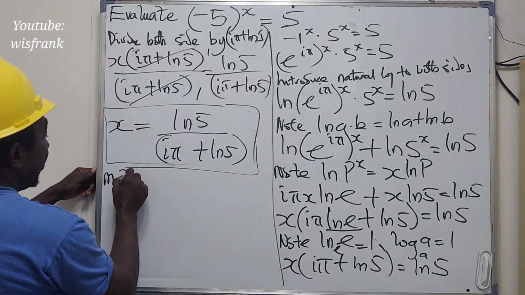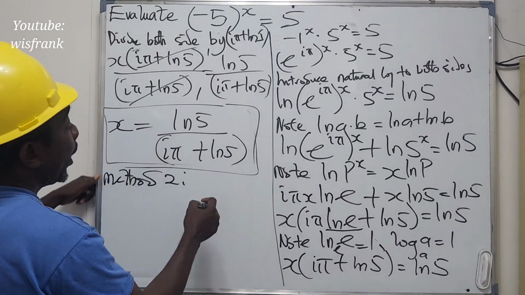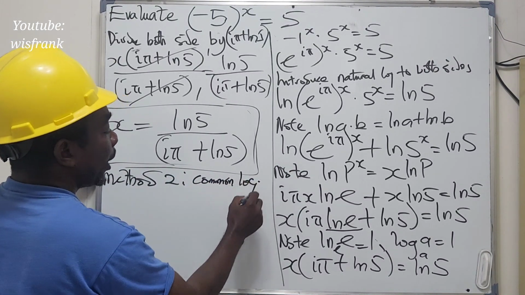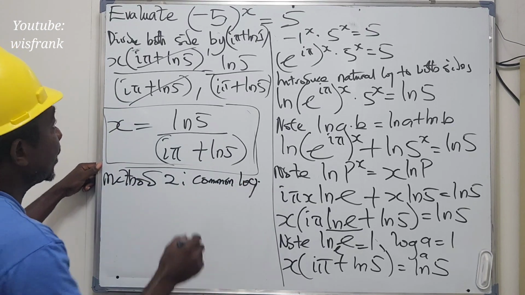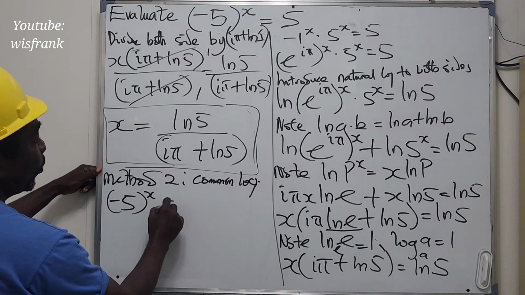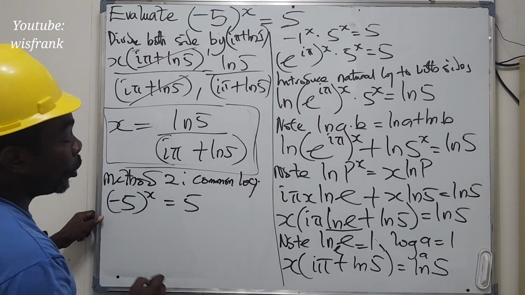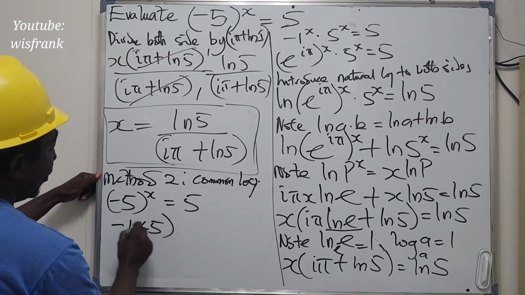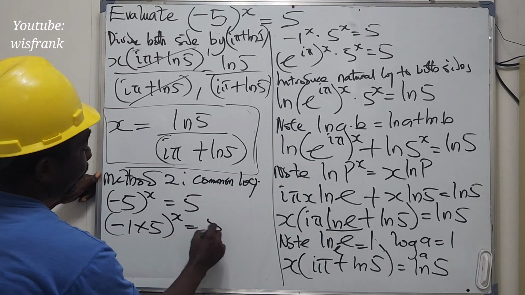We say method 2, where we are going to use the common logarithm. In this case, we are given (-5)^x equals 5. We all know that this can be written as (-1 times 5)^x equals 5.